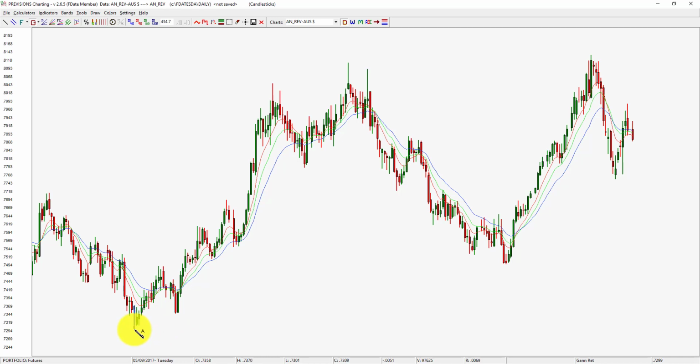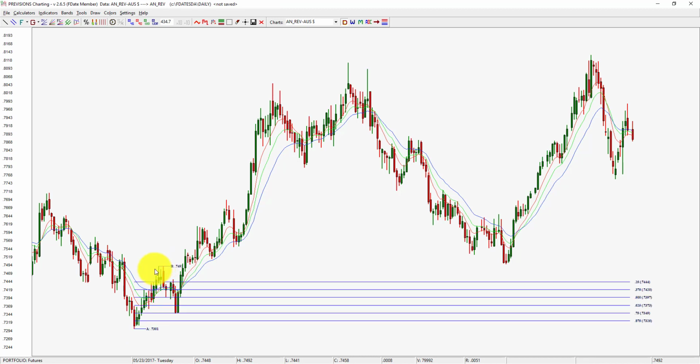We're going to go ahead and apply the ratio. We'll start from the previous range that moved up, in order to see what the levels are for support going back down again. So I'm going to start from A to B. You can see the levels are plotted, and price found support at this level right here, which over here you can see is 75%.